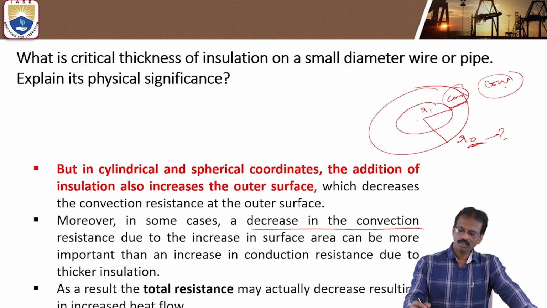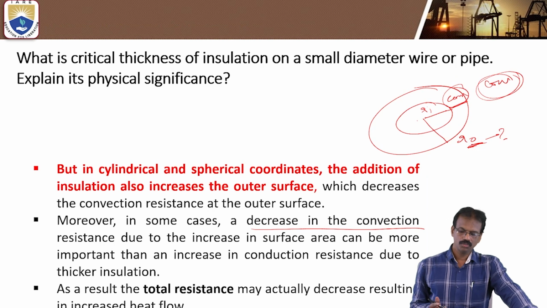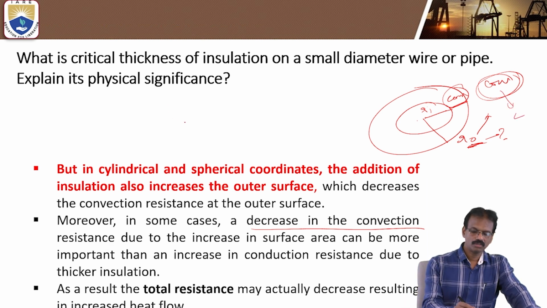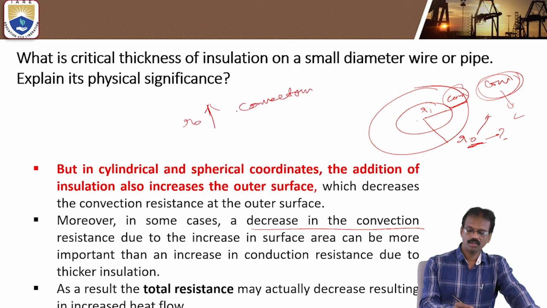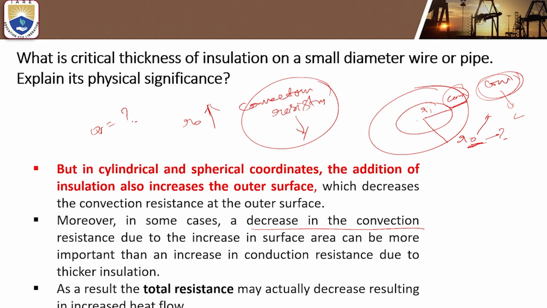If you increase the R0 value, the convection resistance of the insulating material decreases. Because the resistance decreases, automatically the rate of heat transfer will increase. So this is the reason.